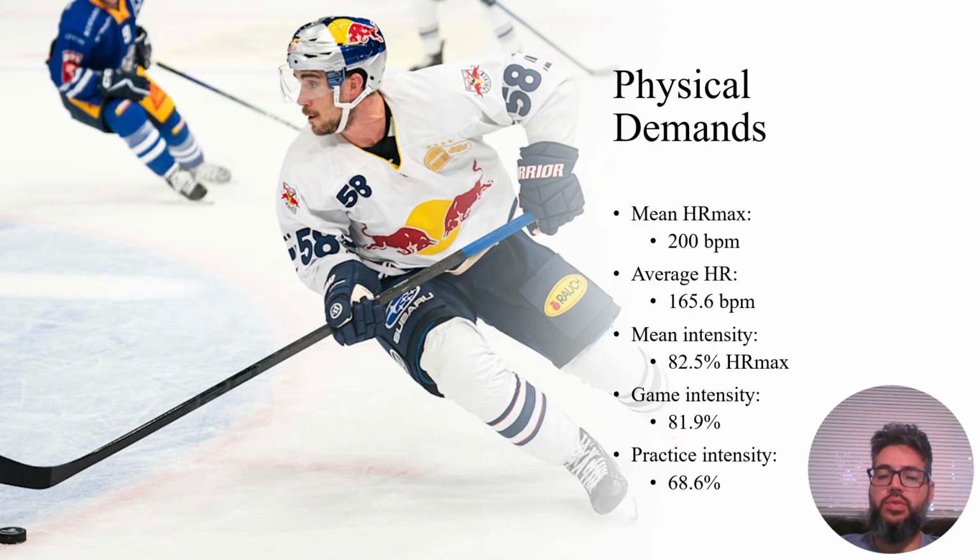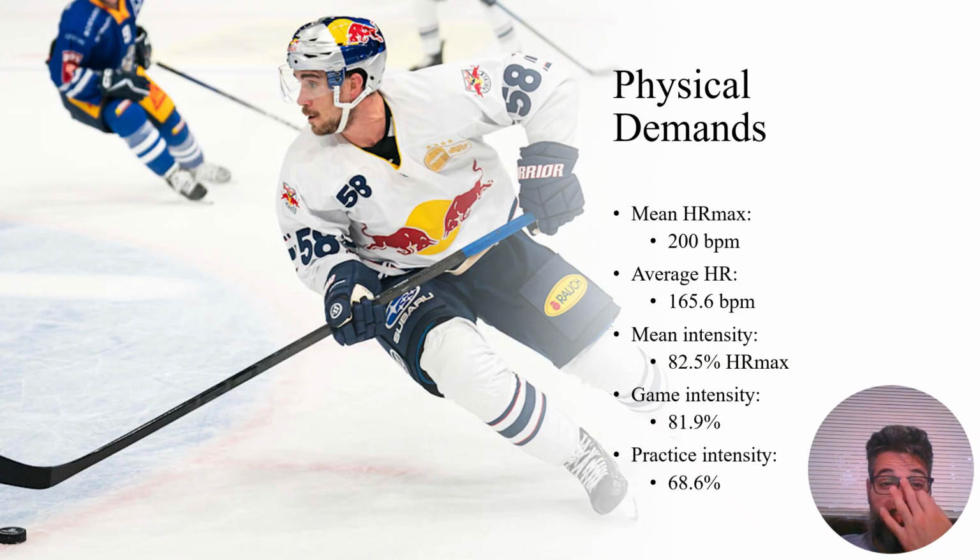So just to look at physical demands, some of the research showed that mean HR max can go anywhere to around 200 BPM, the average HR 165.6 BPM, and mean intensity around 82.5% HR max.